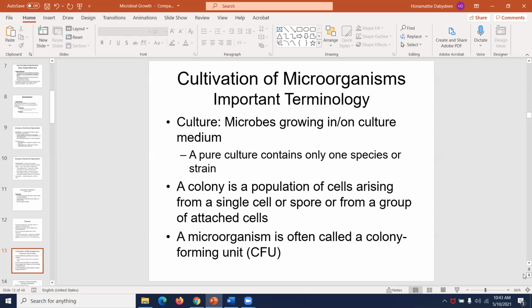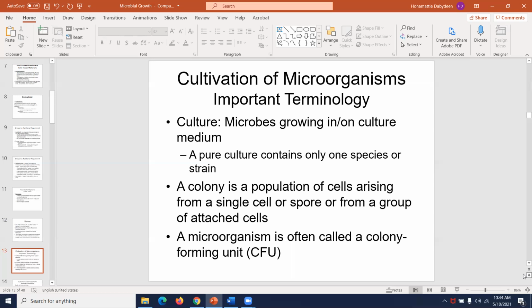Remember, the one organism, which we measure in microns, we're not going to see with the naked eye. But when we have this big clump of organisms growing all in the same spot, millions and billions of them, then we see that clump with the naked eye. That is what we refer to as a colony. We will learn later on that when organisms divide, the two of them are like duplicate copies of each other.